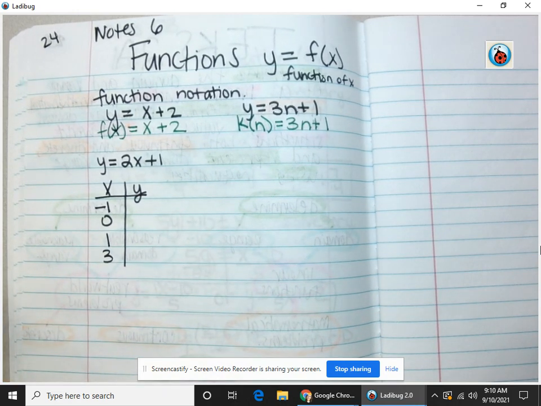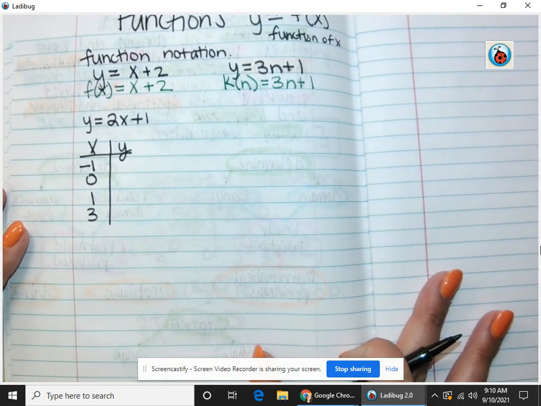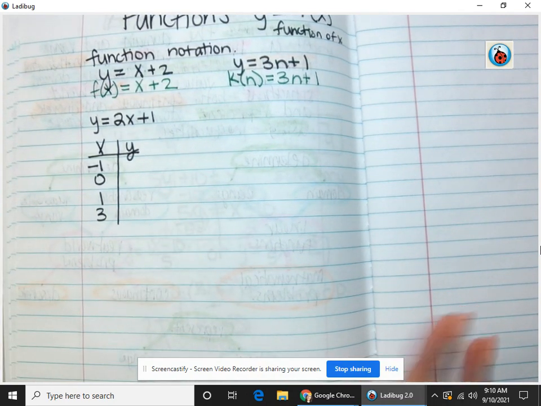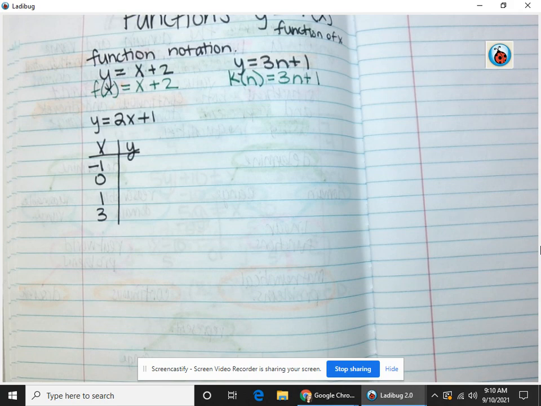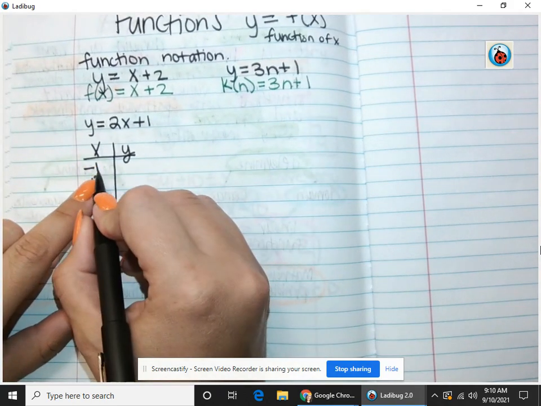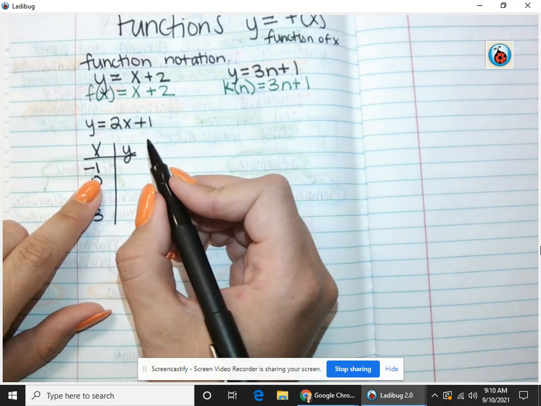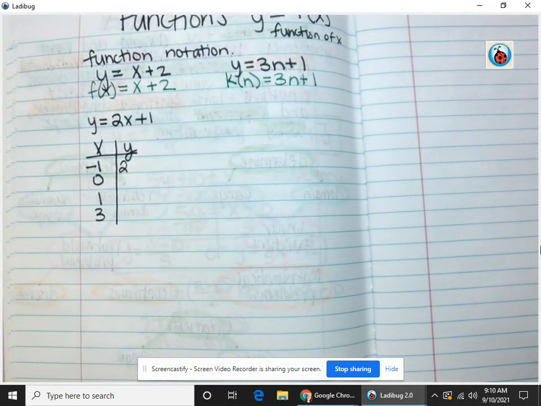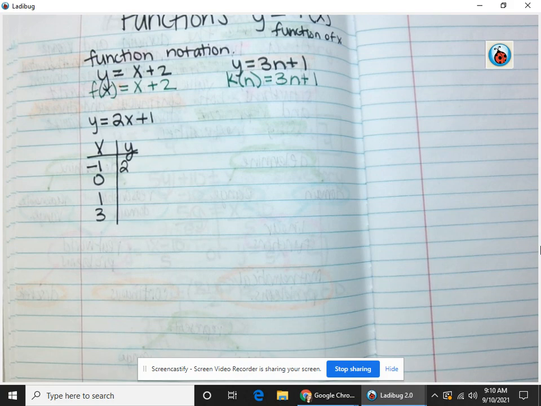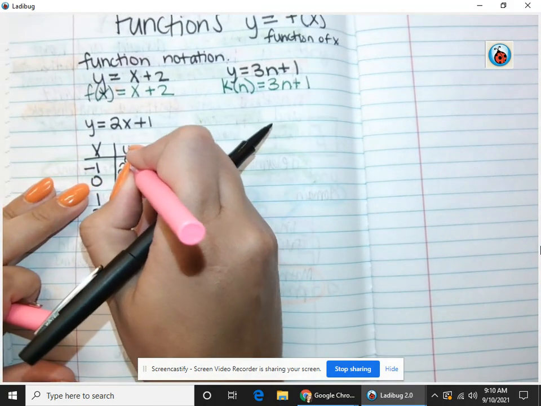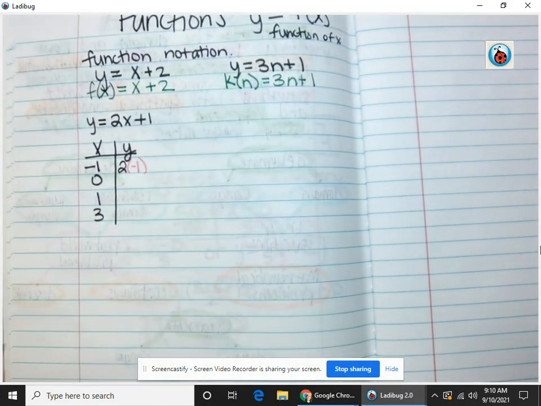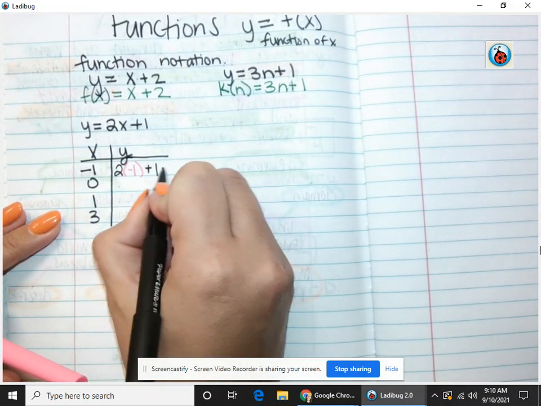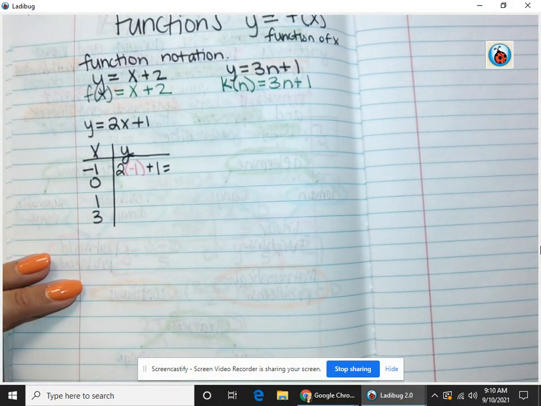We're trying to find our y values, and we're not using our calculator. This is like when we evaluate functions. When x is negative 1, what is y? If I plug in my negative 1 for my x, what would my y value equal?